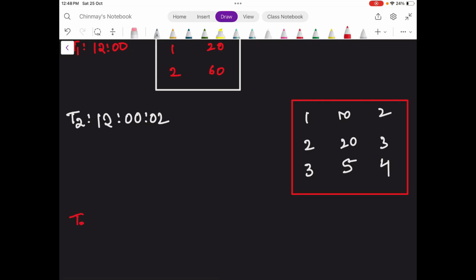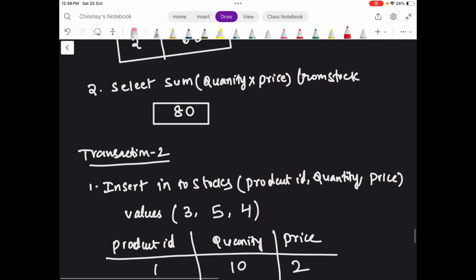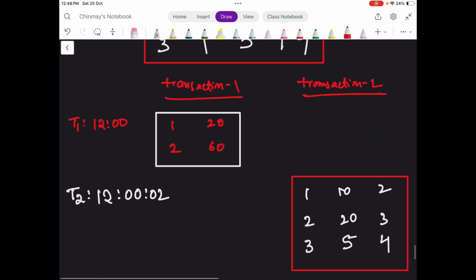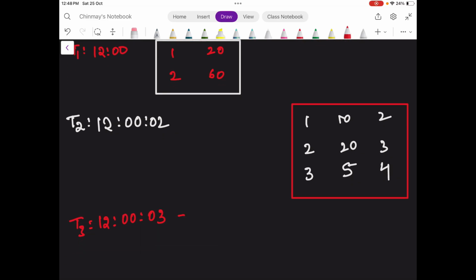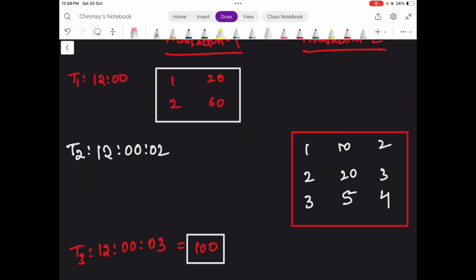At time t3, 12:00:03, this statement happens: select sum of quantity into price from stock. What does it give? It gives 100, because the table is updated: this is 20, this is 60 and this is 20.